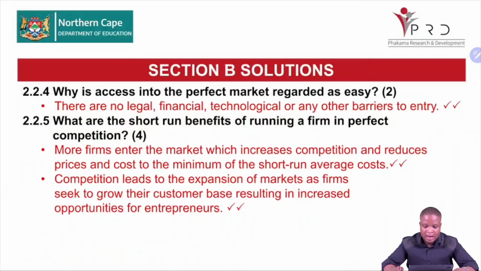Because there's free entry, it's easy for other people to come in, and as they come in, business owners become more innovative and try to gain more customers. And remember, when they are making losses, others leave in the short run. When they are leaving, prices can be high, and those who remain get to enjoy more profit.